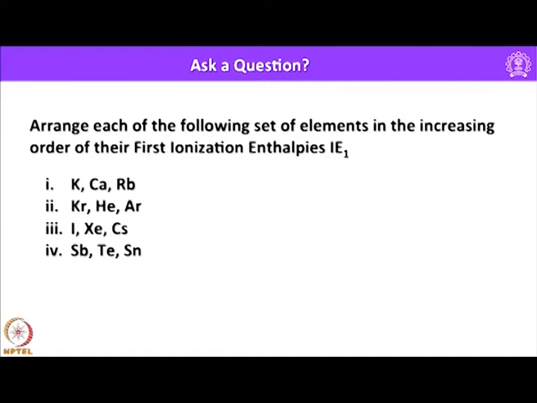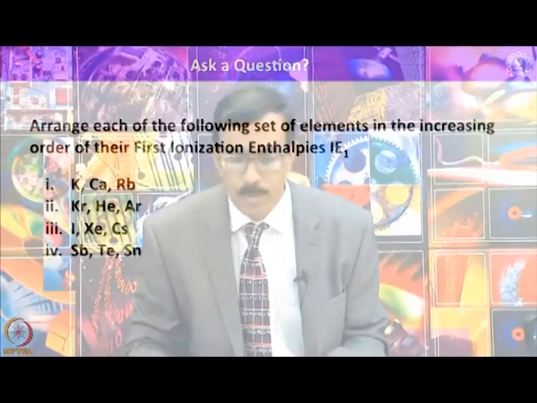Again we have to identify their position in the periodic table, whether they belong to the same group or the same period or from different groups. Once after identifying and knowing their atomic number, we should be able to write taking clue from the periodic trends.